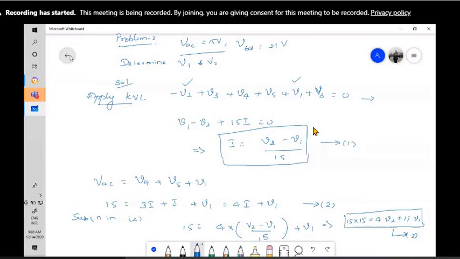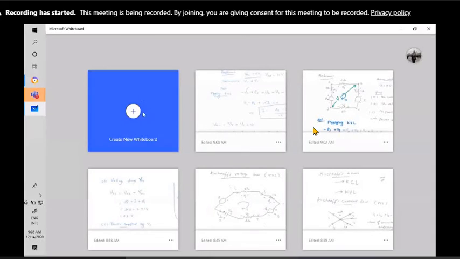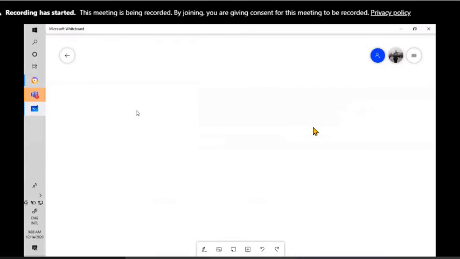Let me proceed further. Now it is also given in your question that the voltage drop across BD is how much? It is given as 21 volt. And as I told you, I have marked it in green.